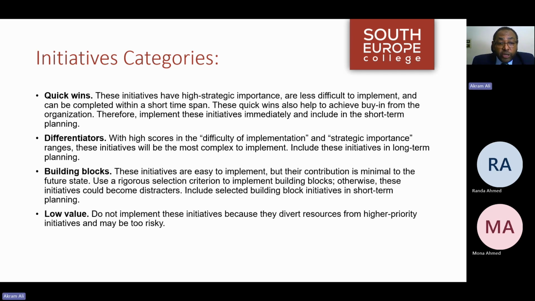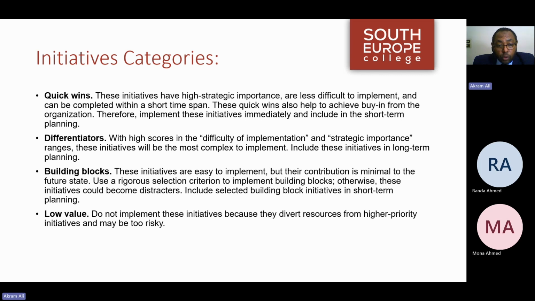We have differentiators, which have a high score in difficulty of implementation, as well as a high score of strategic importance. These initiatives will be the most complex to implement. Include these initiatives in long-term planning.